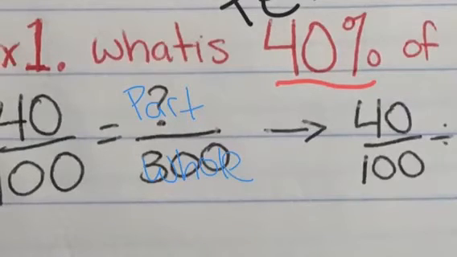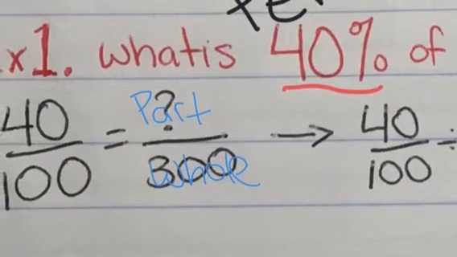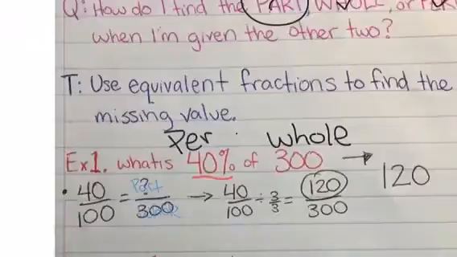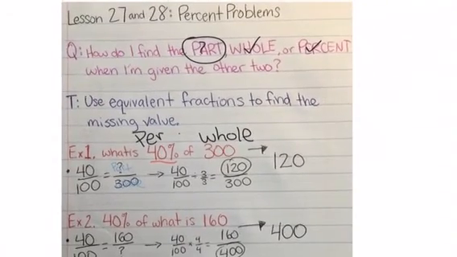So the whole will always be down here on the bottom, and the part will always be on top. So if we go back up here, we have our percent, which we've written as 40 over 100, and we have our whole. The equivalent fraction with the equal sign then a fraction: the 300, since it's the whole, has to be on the bottom, and the question mark, which we're looking for, is the part, which is on top.